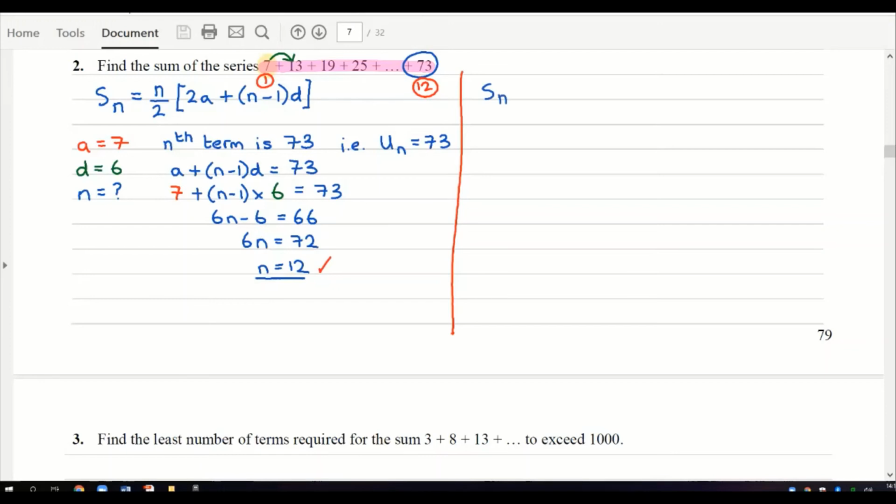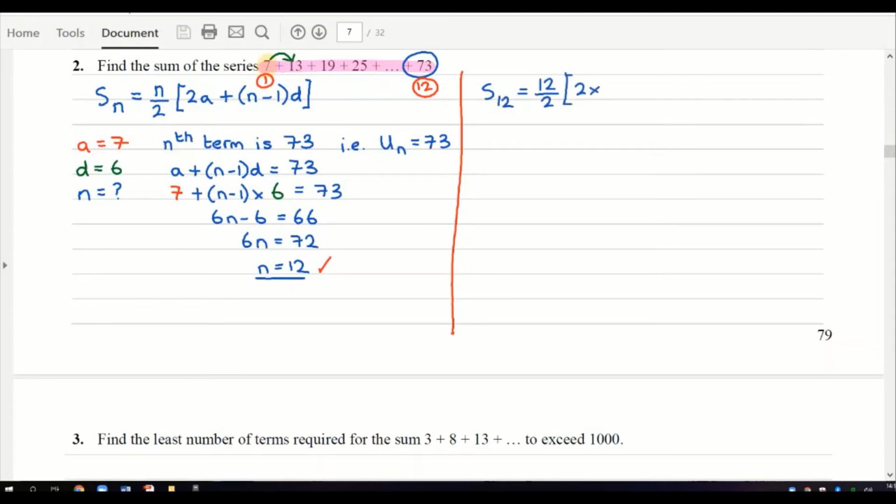So Sn is going to equal n over 2 multiplied by 2a. Actually, I won't write it out again. Let's sub in the numbers. Let's go back. So what is it? S12, the sum of the first 12 terms, is equal to 12 over 2 multiplied by 2 lots of a.